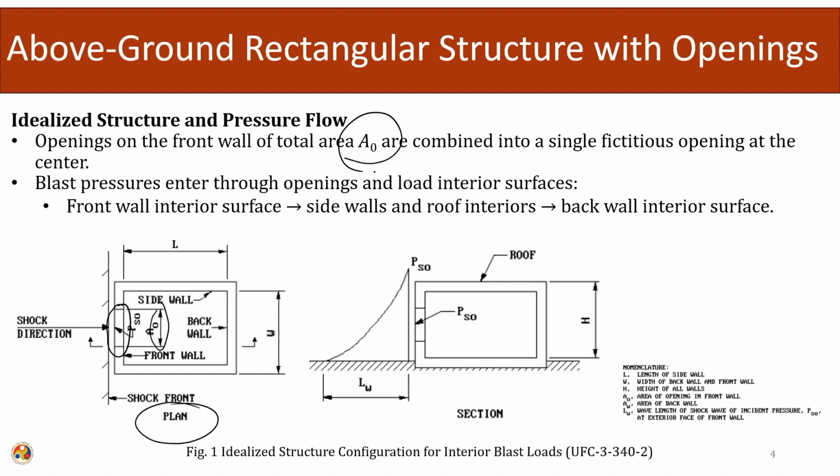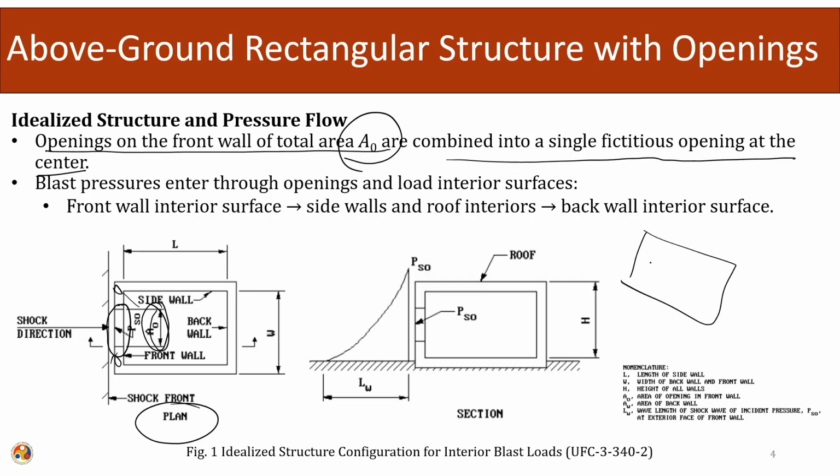The total opening of the front area is combined into a single fictitious opening at the center. There can be multiple openings. What we are saying is that we are taking the area of all the openings and combining them together. A real structure might look like this, with door and window openings.